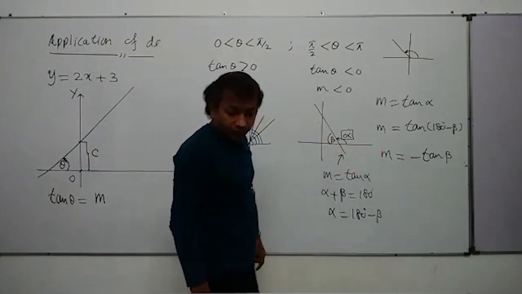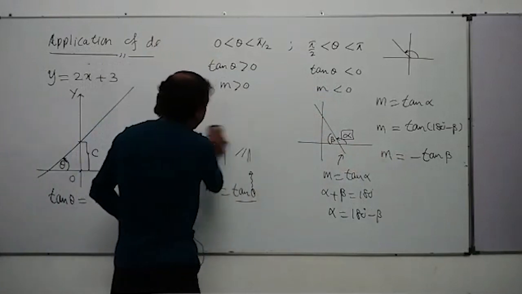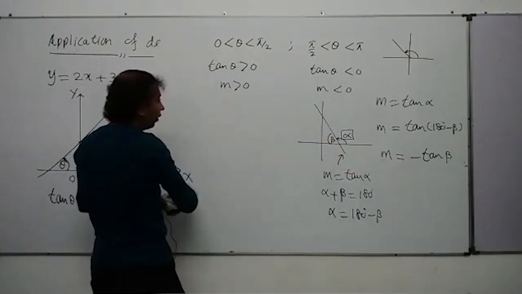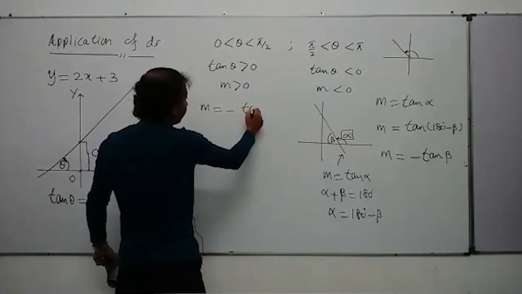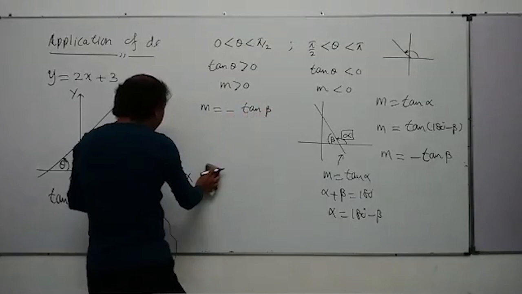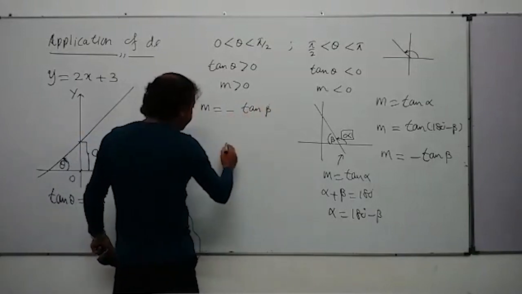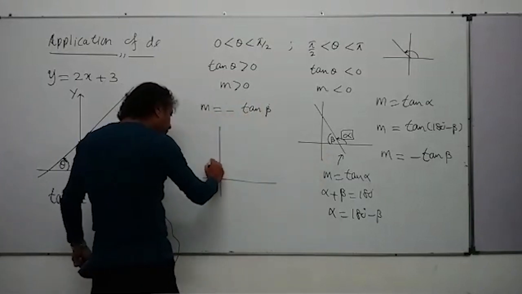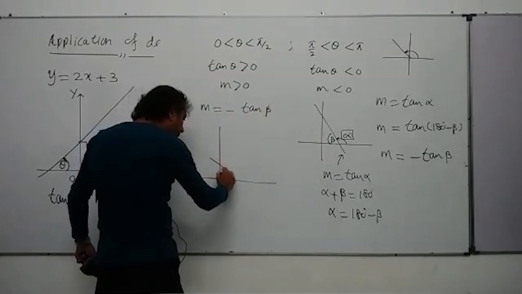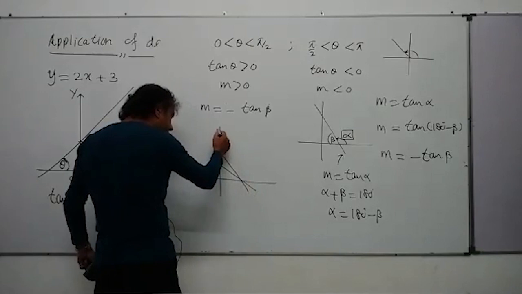Right. Now, there when we further analyze the situation, you can see, now this one I am talking about, m equals minus tan beta. Right. Now, people, in this case, suppose I'm going to increase this angle beta like this. I'm going to increase the beta.